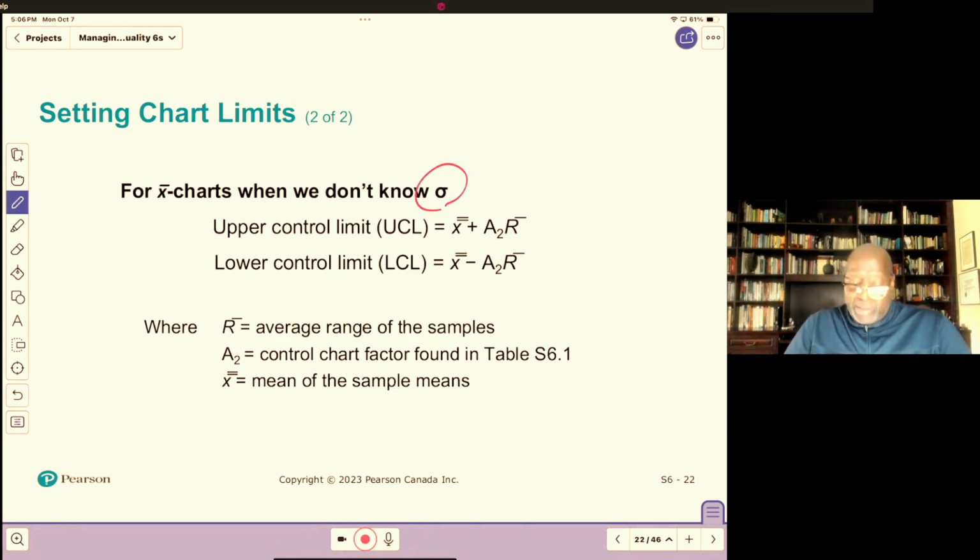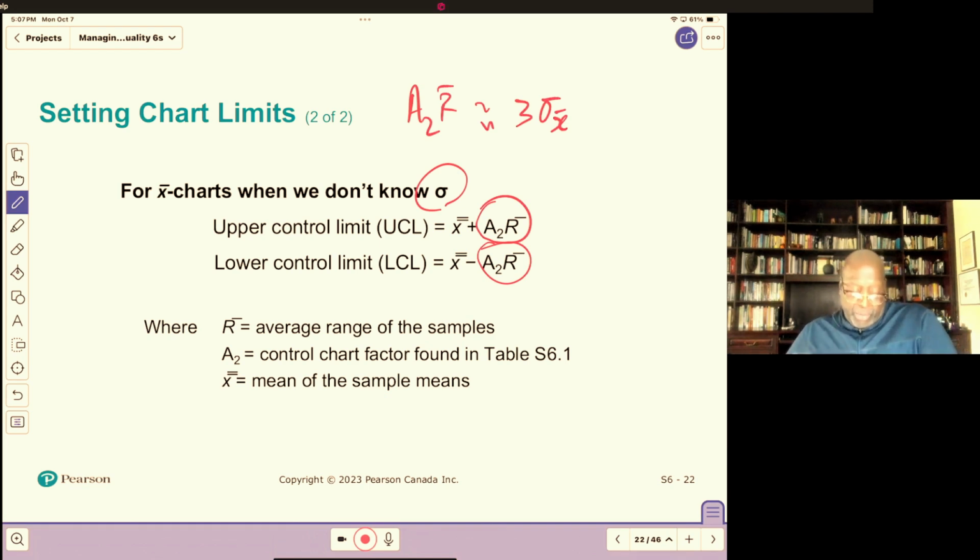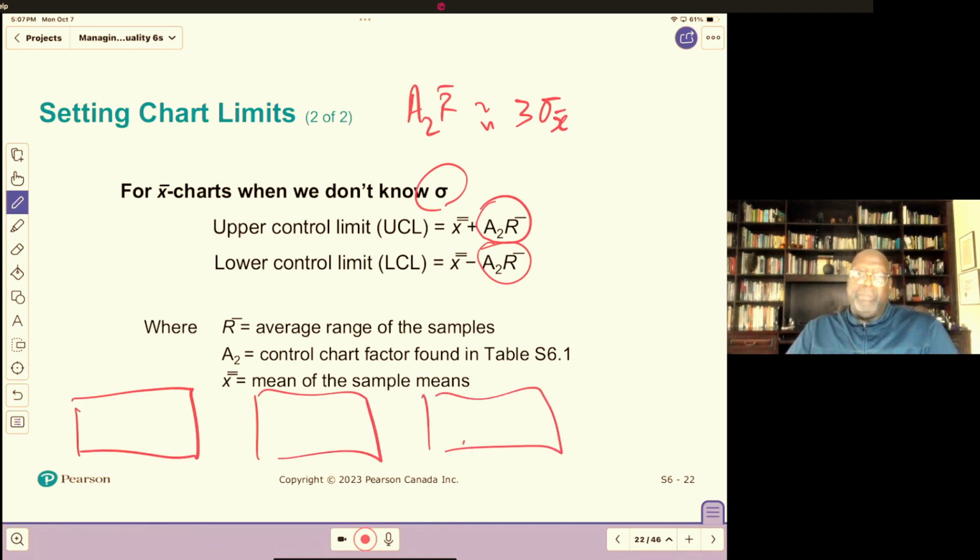We will look at the range of the samples that we have, and using the average of the ranges of each sample, we will estimate that 3 sigma X bar. That's really just an estimate of it. So A2 R bar is estimating 3 sigma X bar for us, right? Essentially, let's say these are samples. If we collected samples, the range is just the max minus the min.